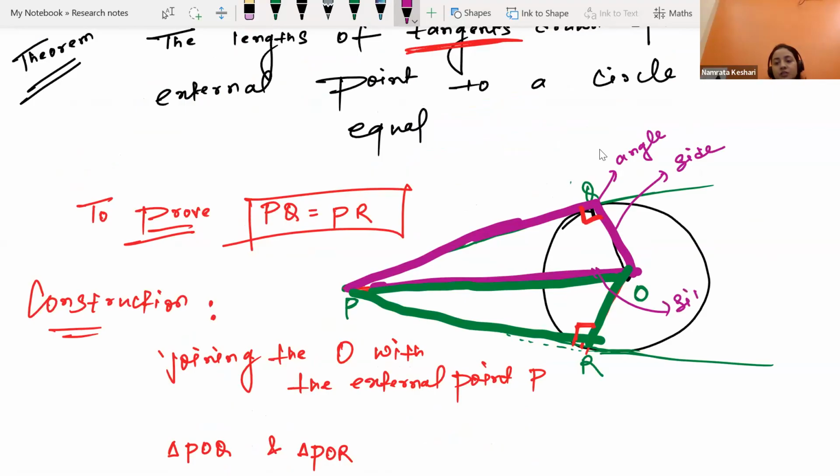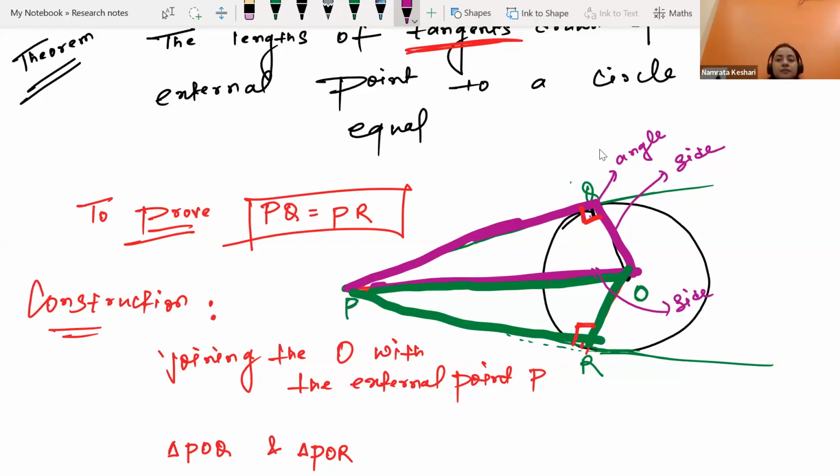So the side angle side rule is not there. But we are having 90° over here. So can we say RHS? Can we say a right angle is there, hypotenuse is there, and one of the sides is there? Can we say RHS congruency is working over here?